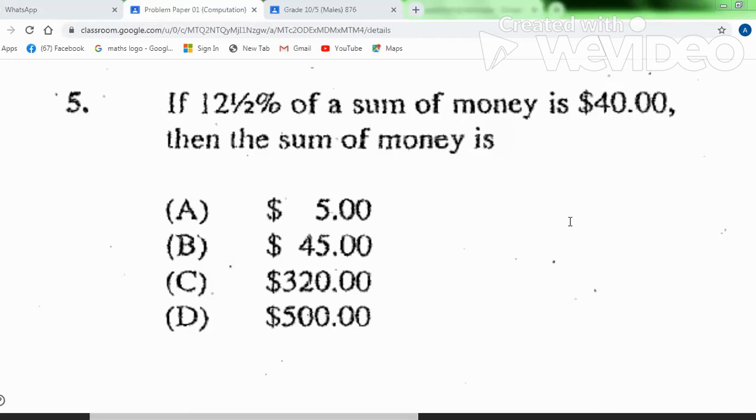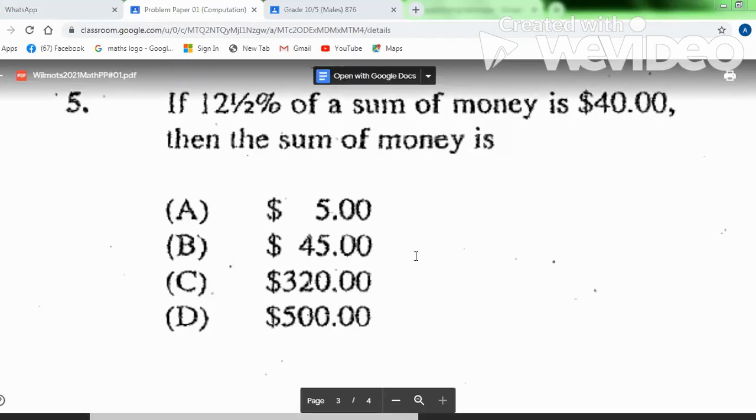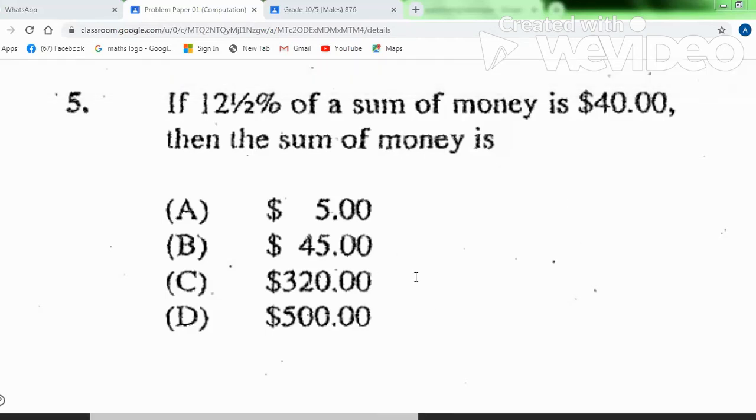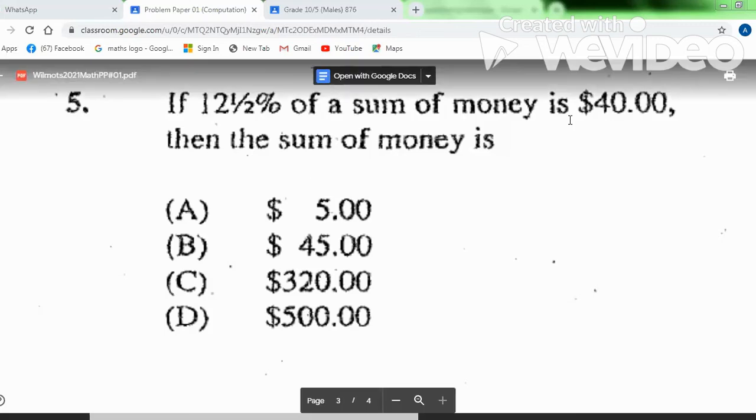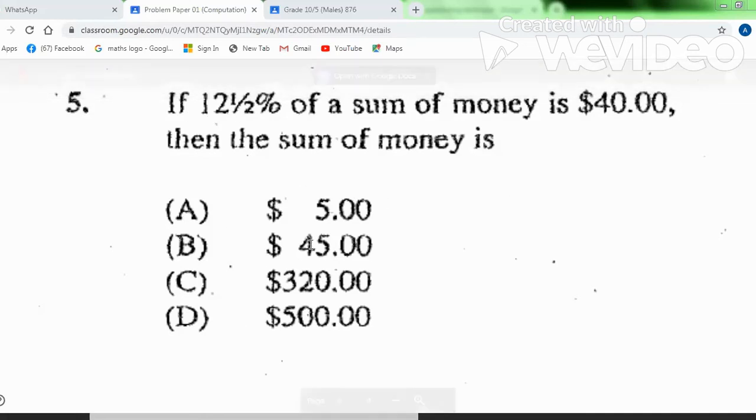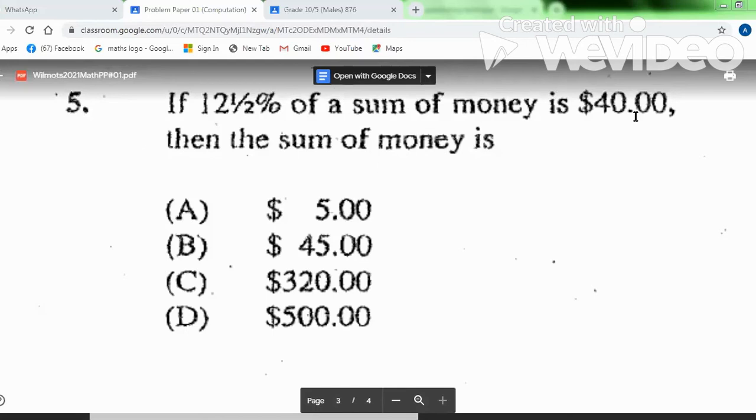Alright, so let me just explain as quickly as possible. Let me tell you what some students will incorrectly do. They find 12.5% of 40. If you read the question, it says, if 12.5% of a sum of money is 40, what does that mean? 12.5% of one of these responses will give you 40.